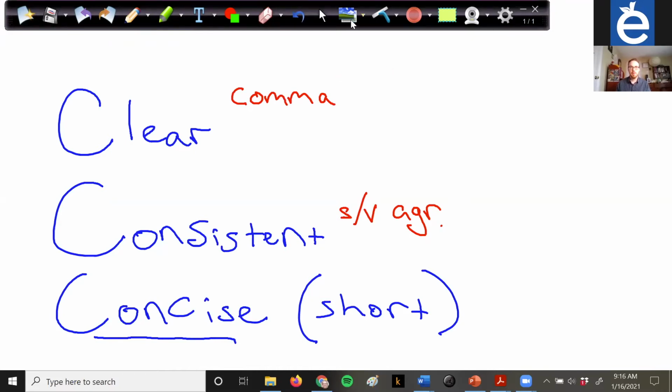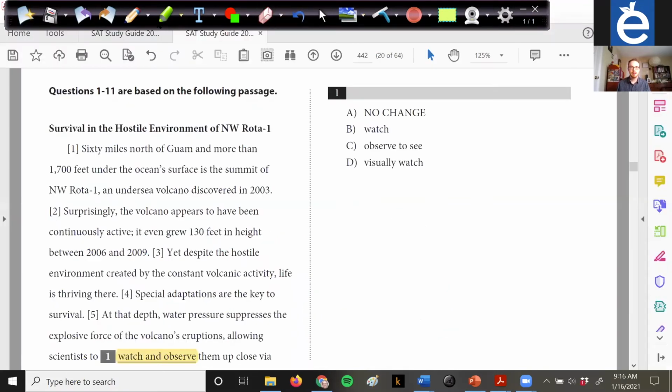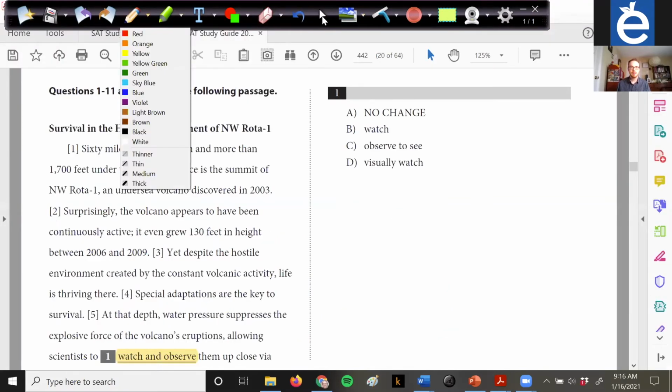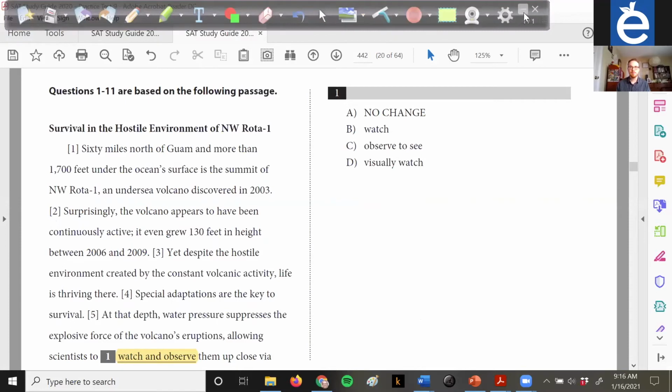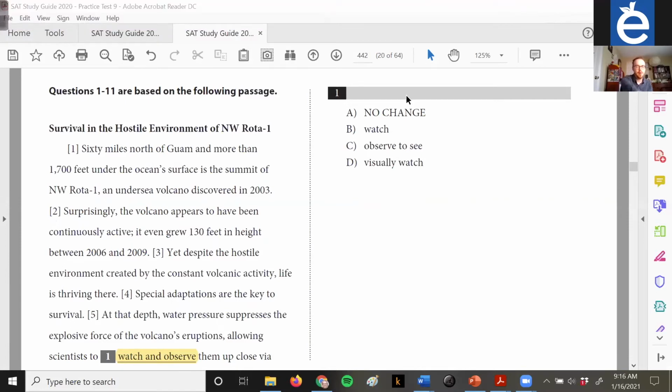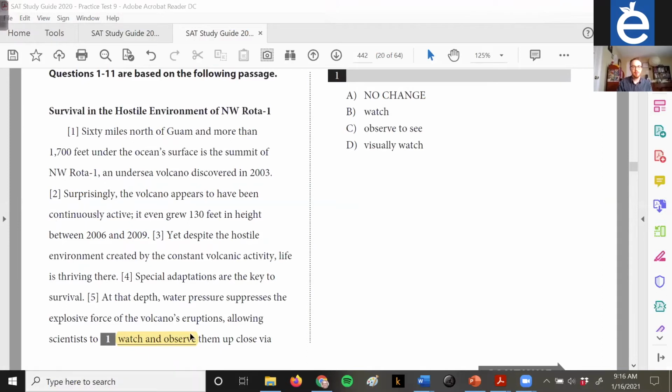So if we go back to what we're looking at right now, it looks like I'm being given different word choice options. And when I think of watch and observe, those words actually mean pretty close to the same thing. So I have a lot of redundancy here. It's not as concise as it could be.